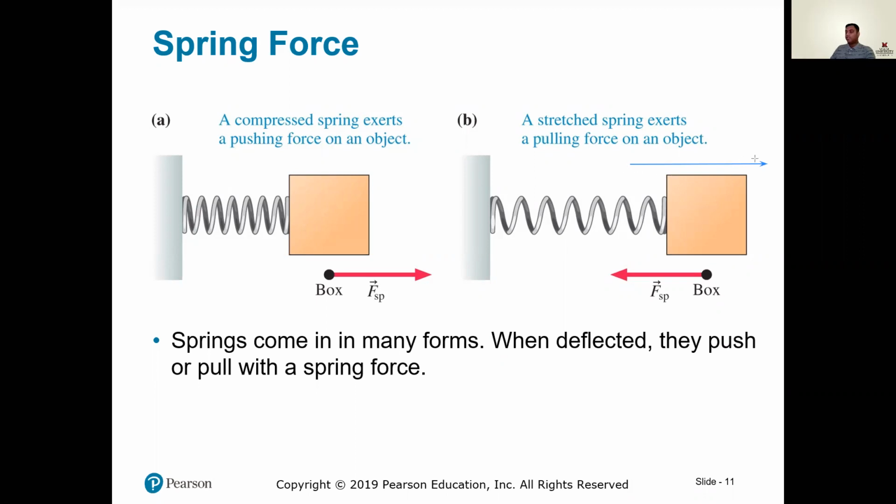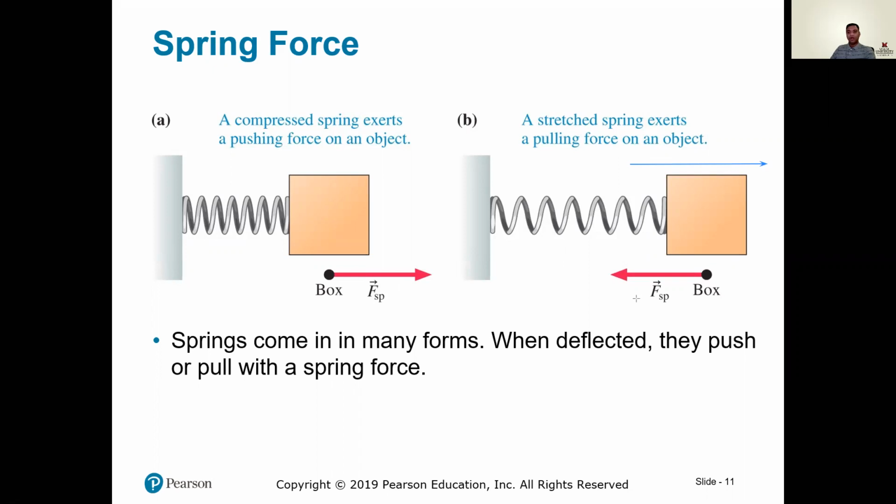But once you stretch it, if you now let it go, the spring will cause a force, the spring force, and that will bring it back to its original position. So if you stretch it, it will come back. If you compress it, it will also come back. And notice that these two forces are opposite to each other.